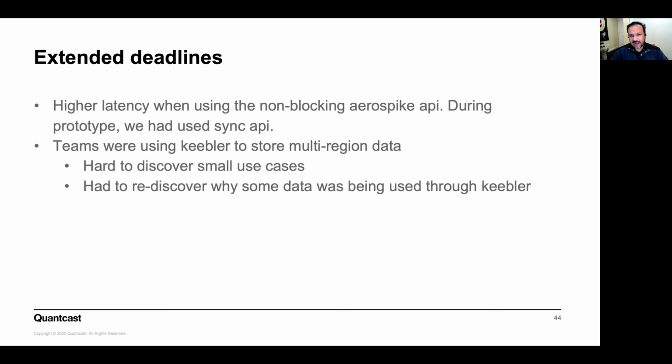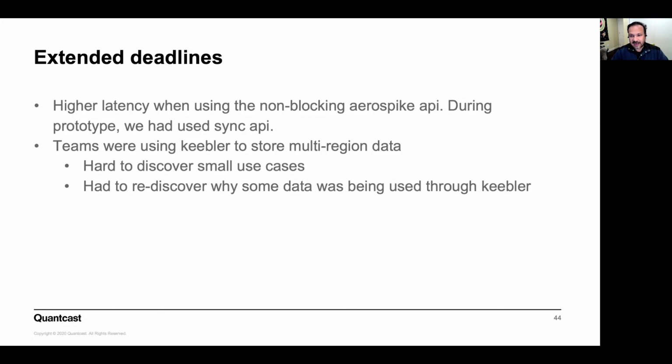Our deadlines for the migration process definitely got extended because what we saw in the prototype did not appear in production. We had teams that had been using Keebler to store multi-region data. So there was a mixing of the business logic with just pure key value data.